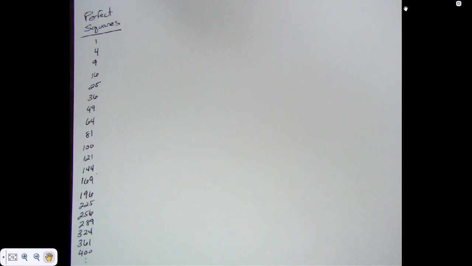So let's go over the perfect squares. The reason 1 is a perfect square is because 1 squared is 1 times 1.